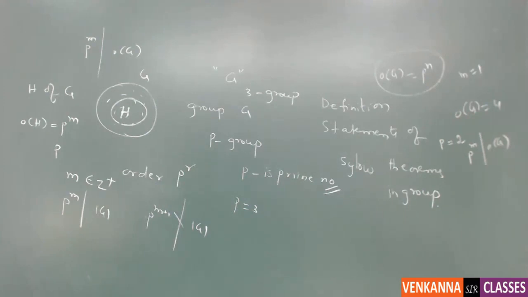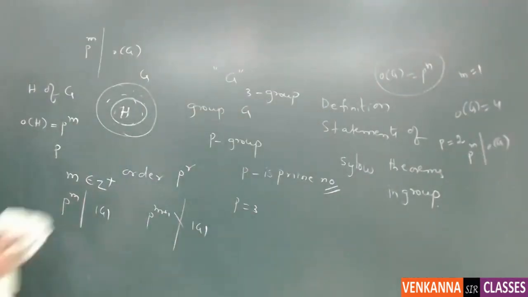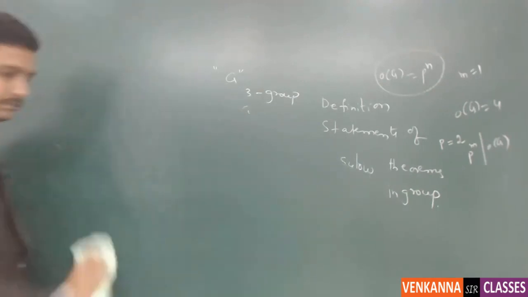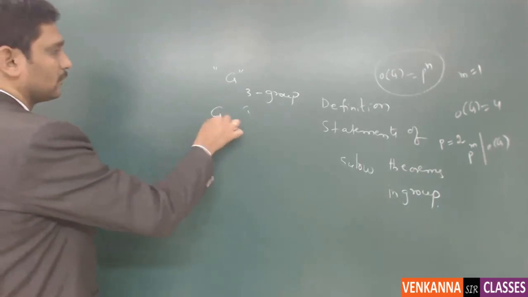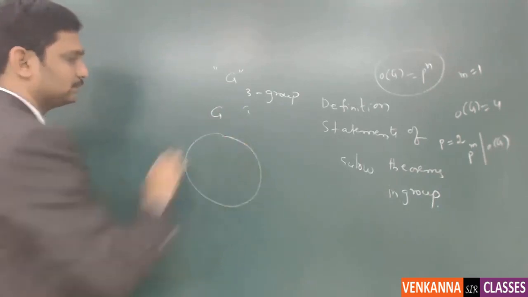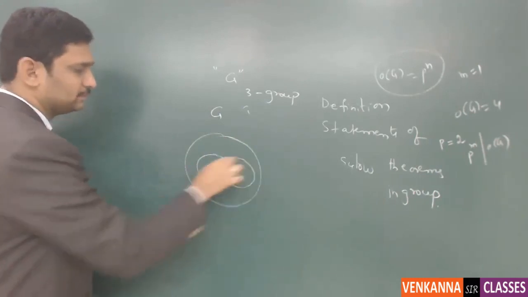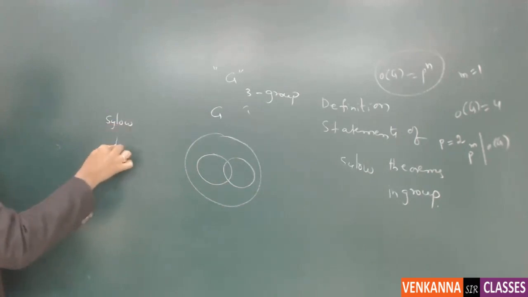So there are two more statements I want to give. The second Sylow theorem states that you consider any two Sylow P subgroups. Say this is a group G. I have taken two subgroups for it. These are Sylow P subgroups.